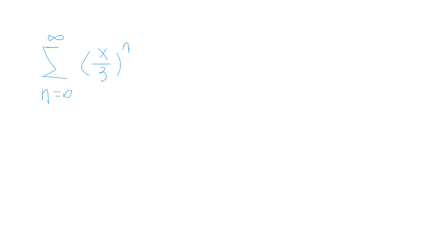And right away we recognize this is a geometric series, right? And this converges to, well, what's the first term? n starts from 0. Anything raised by 0 is 1. So the first term is 1. And what's the ratio? The ratio is x divided by 3. For this representation to be valid, we need the absolute value of x divided by 3 less than 1.